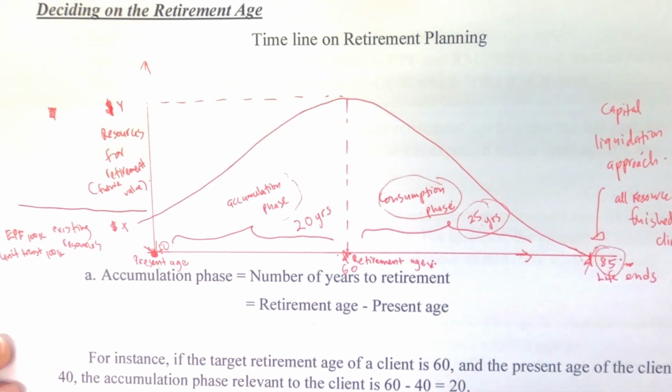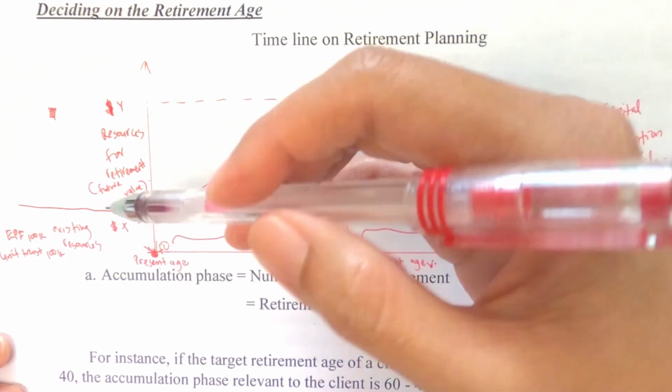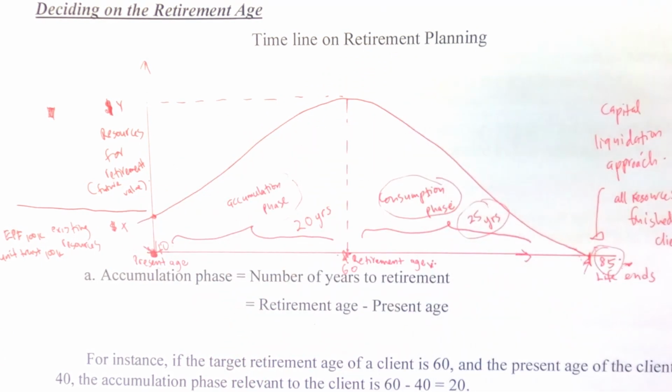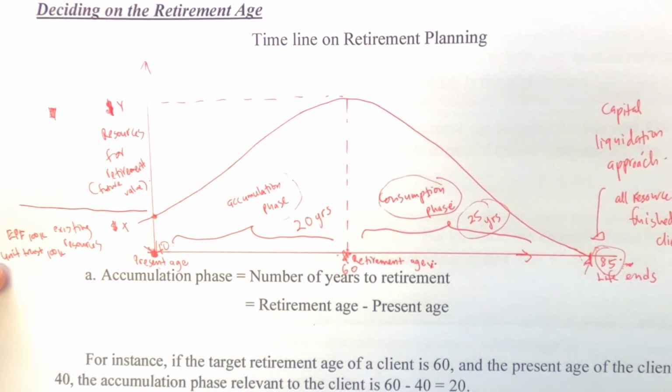Another thing for me to explain at this point is X, which refers to the current or existing resources owned by the client. For example, let's say the client has EPF worth 100k as well as unit trust worth 100k.